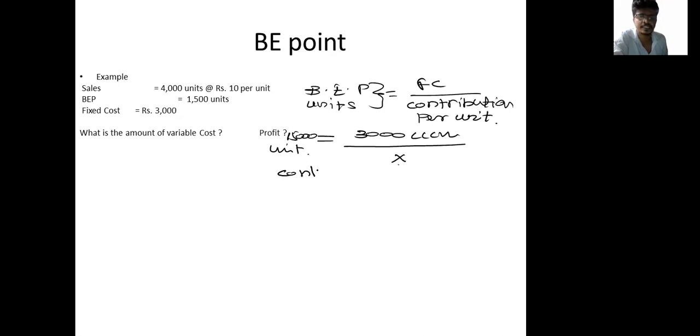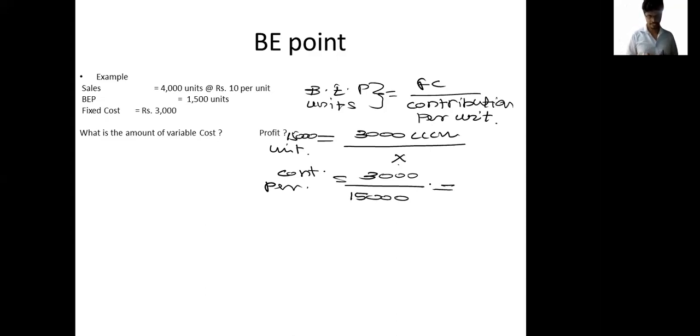Then we can get the value for contribution per unit, which equals 3,000 divided by 15,000.